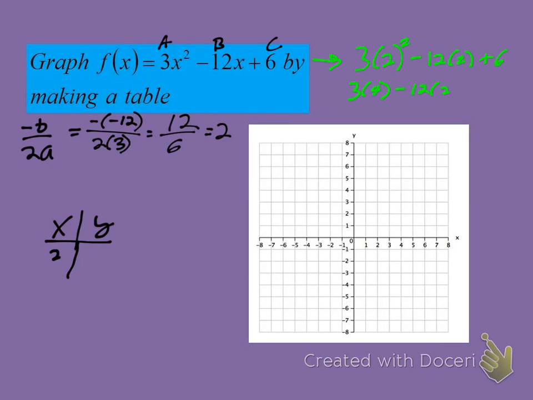And I like to keep all my operations the same throughout, so I don't multiply ahead of every other multiplication. So you get 12 minus 24 plus 6, which ends up giving you negative 6. Perfect. So your vertex is at 2, negative 6, way down there.